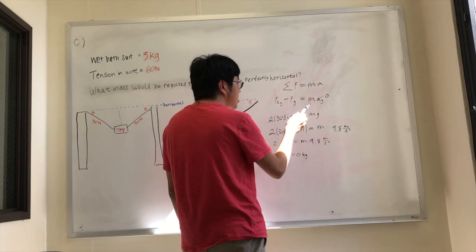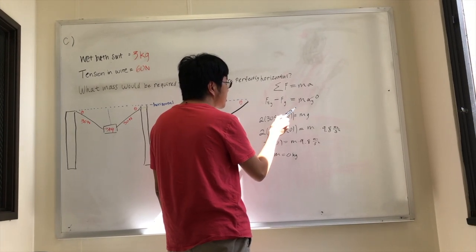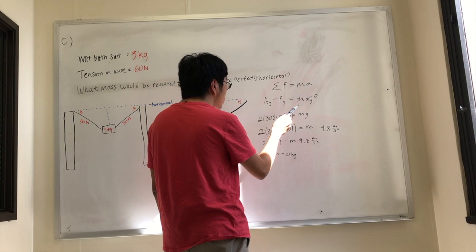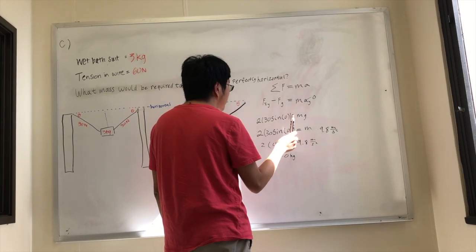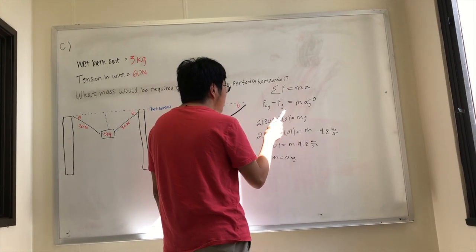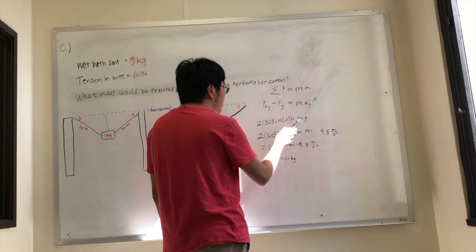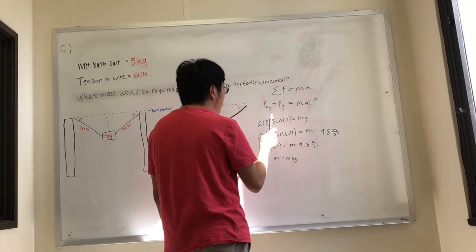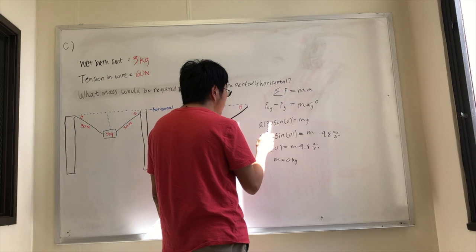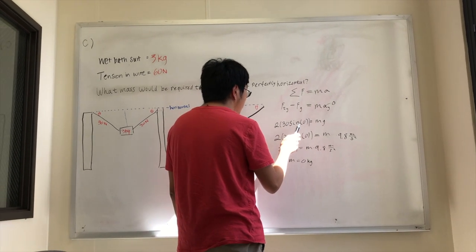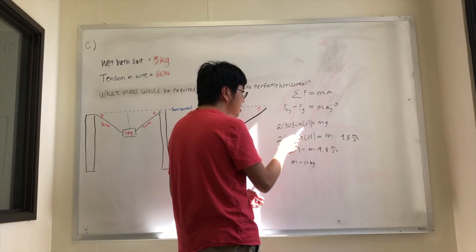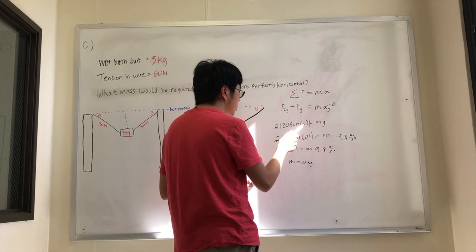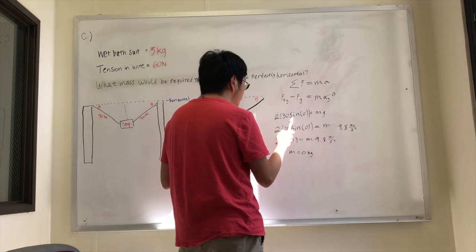Since the object is still at rest, acceleration is still 0, so that gets rid of the right-hand part of the equation. Rearranging the equation, we get Fg equals mg, and Fty equals 2 times 30 sine 0, since we want the wire to be perfectly horizontal.